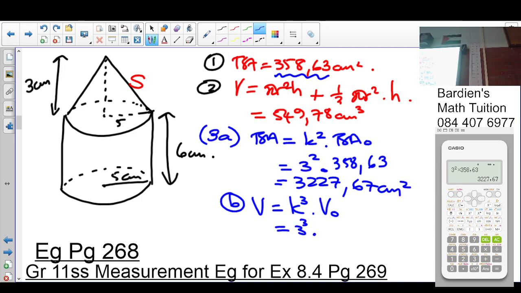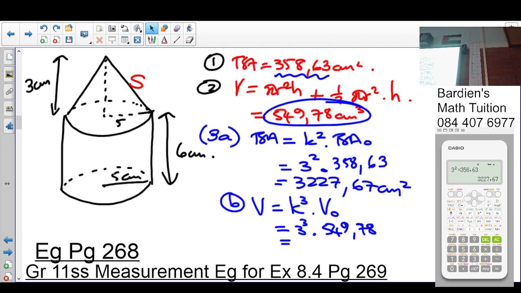So 3 cubed times the original volume, which is 549.78. Let me calculate this: 3 cubed times 549.78 gives us an answer of 14,844.06 centimeters cubed. Okay.